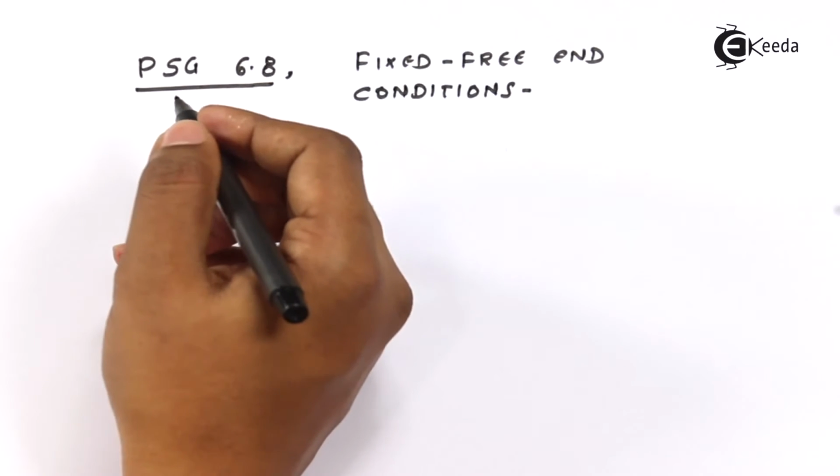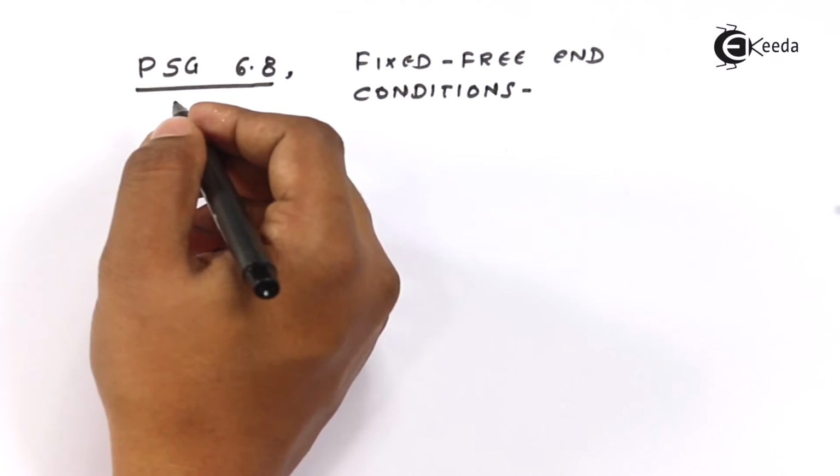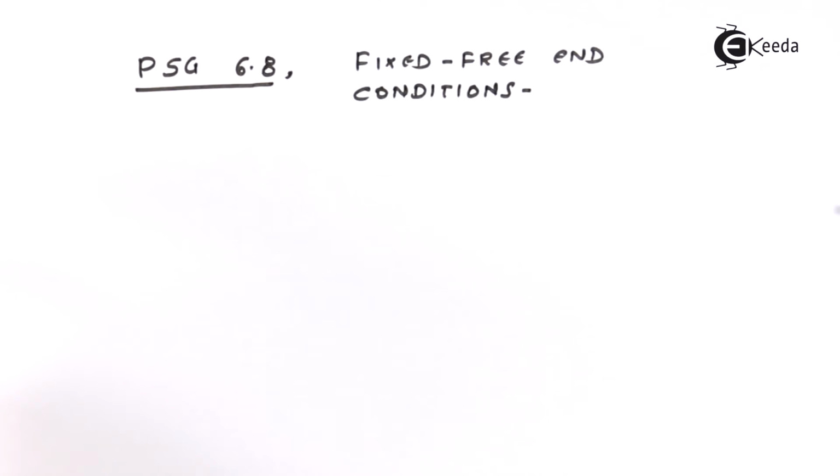So I'm referring to the PSG 6.8, and it says that there are certain theories. If you remember from the subject of strength of materials, there are basically two theories, Euler's theory and Rankine's theory.